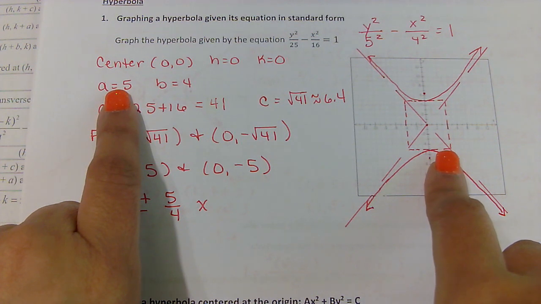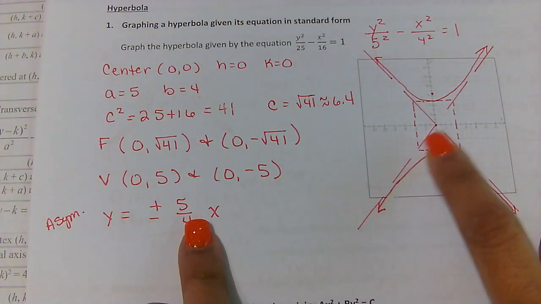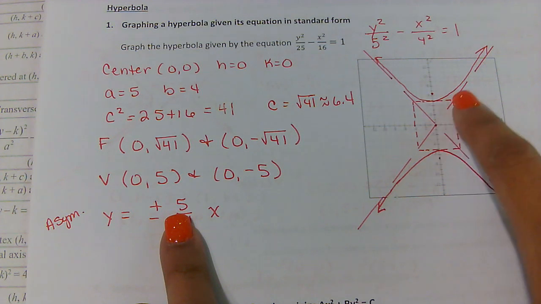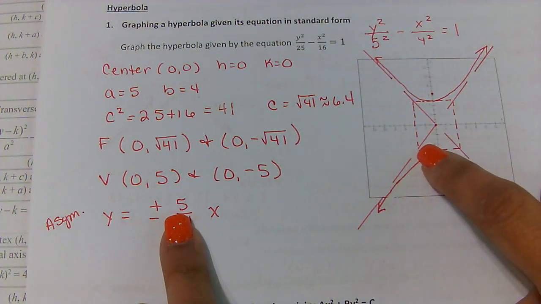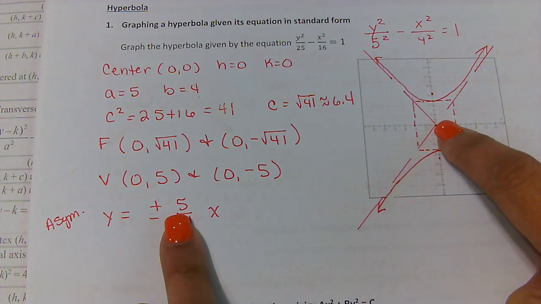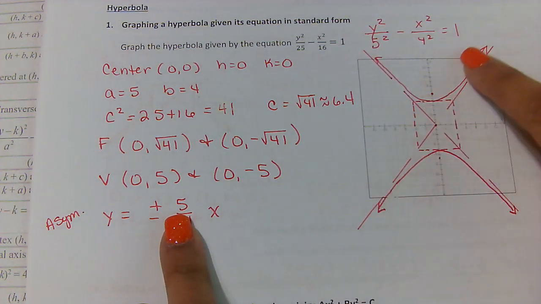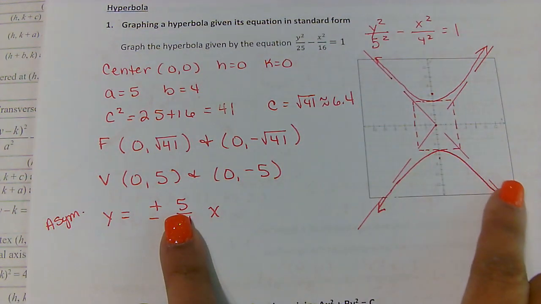Always go ahead and sketch this using a dashed line because this is not what we're actually graphing. To draw our asymptotes, we're going to be using the corners and drawing lines diagonally going through the center. So diagonal, center, diagonal. This will be one of our asymptotes going in this direction and the other will be going in this direction.